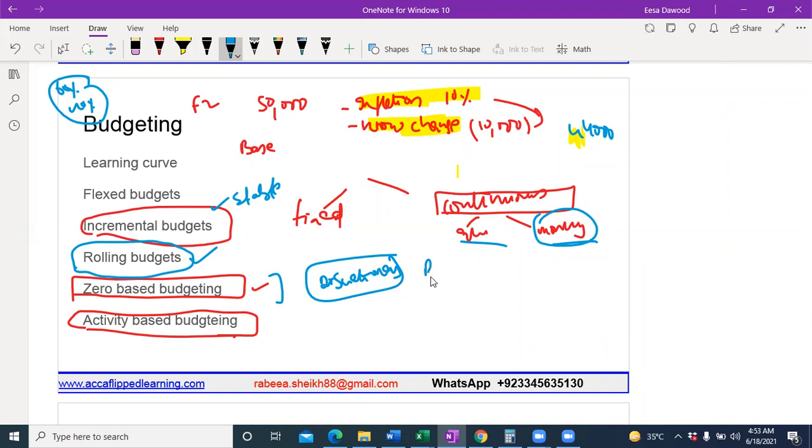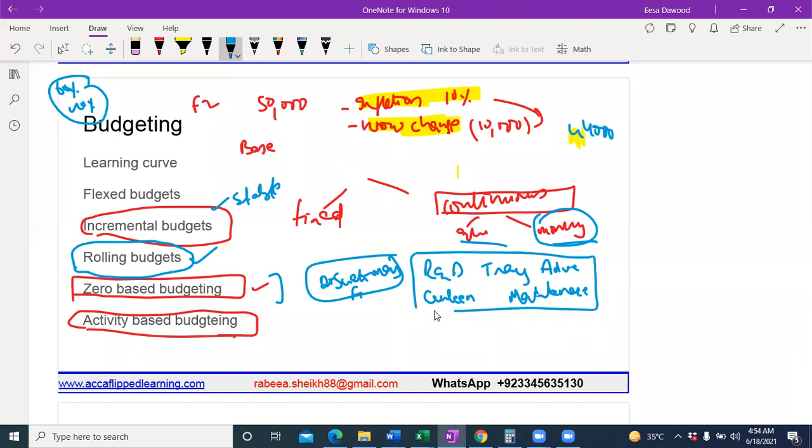For example, if I'm preparing a budget for research and development, for training, which is a discretionary fixed cost, for advertisement, or for any service department in an organization, like a canteen or a maintenance department, I know I need to bring the cost down. So maybe I can start the budget from a blank piece of paper where I don't start from any base.